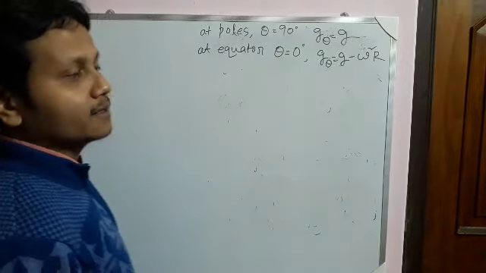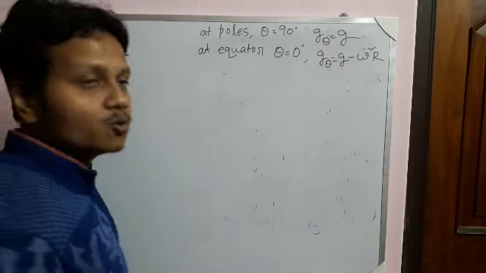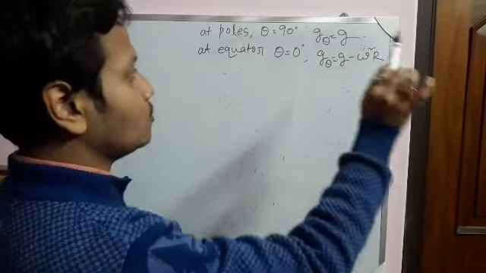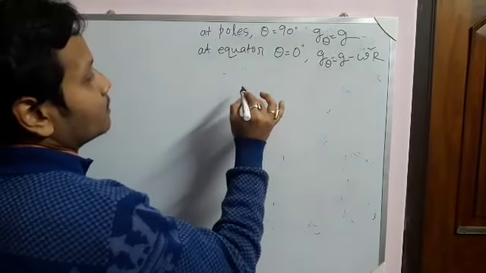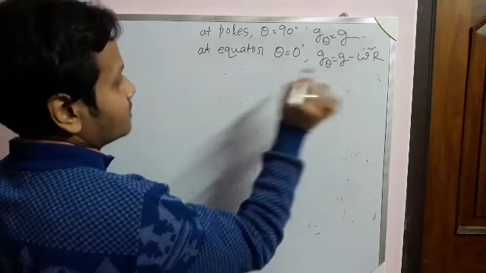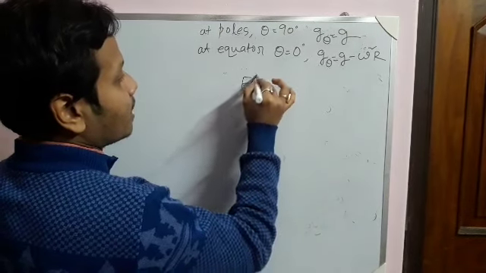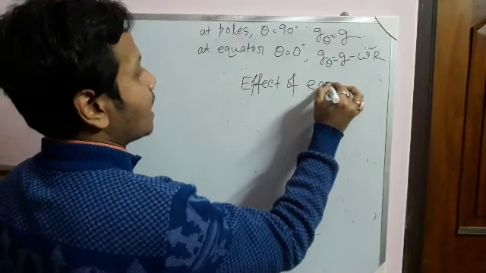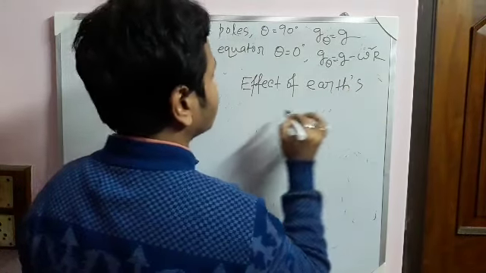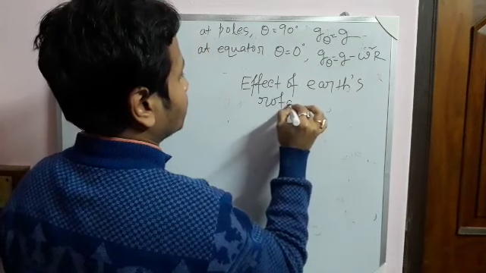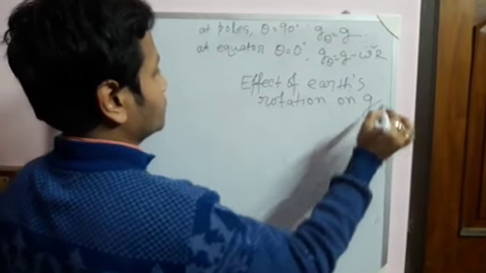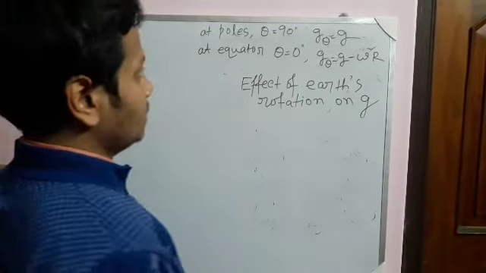So it is clear that at the poles acceleration due to gravity is maximum, and at the equator it is minimum. This is the effect of Earth's rotation on g.